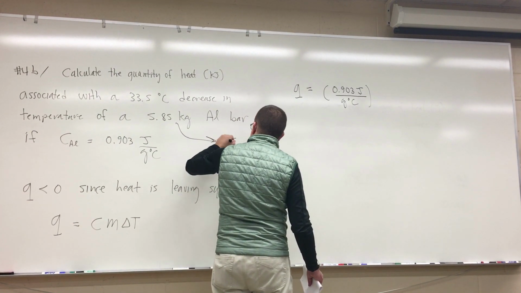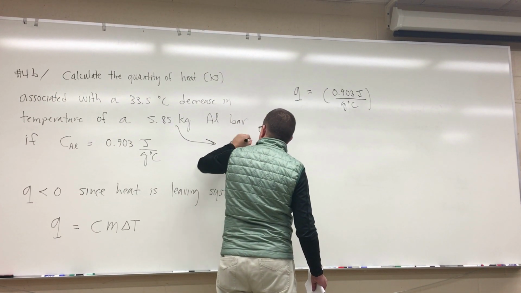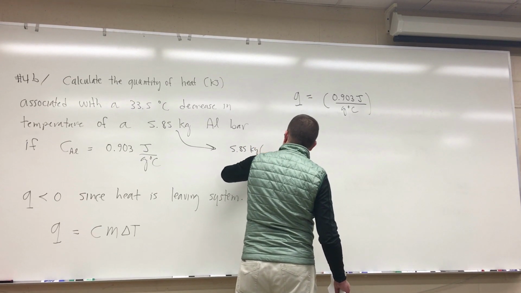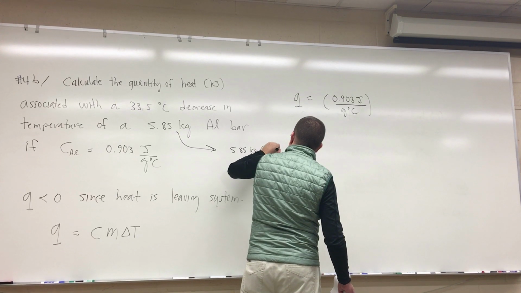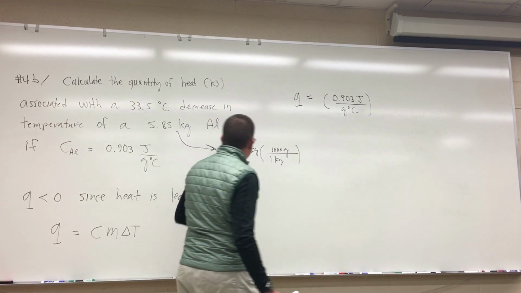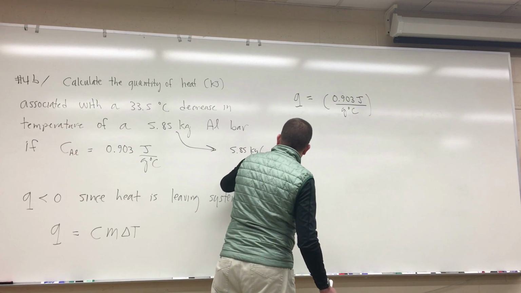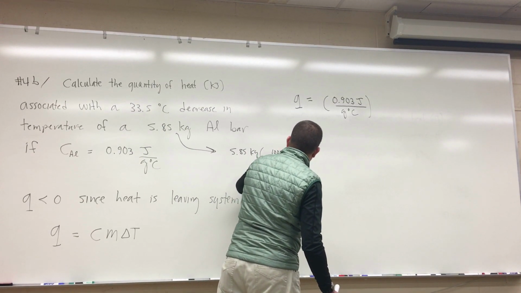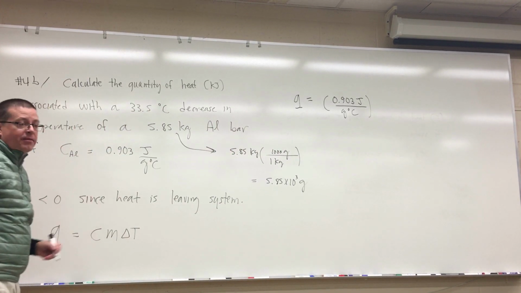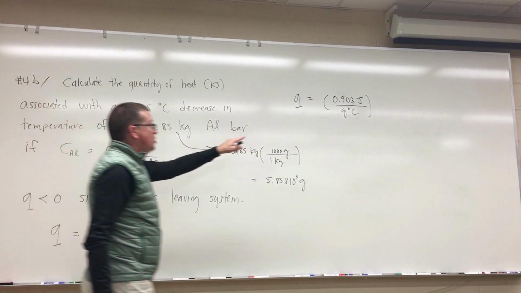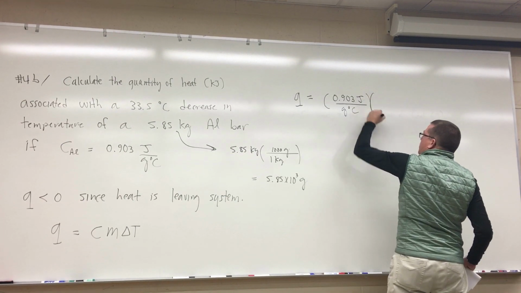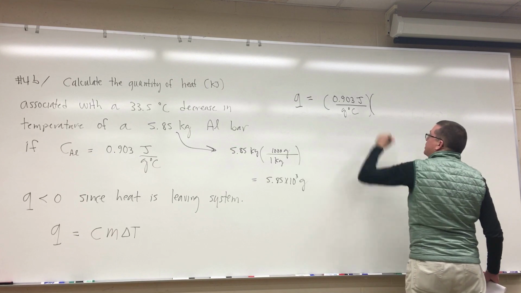I know that 5.85 kilograms needs to be multiplied by 1,000, since 1 kilogram is 1,000 grams, so that's 5.85 times 10 to the third grams. That's the actual mass in grams of the aluminum. I'm just trying to match up the units in the specific heat. So let's multiply by that mass in grams.